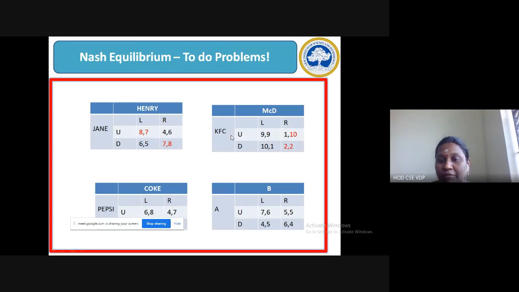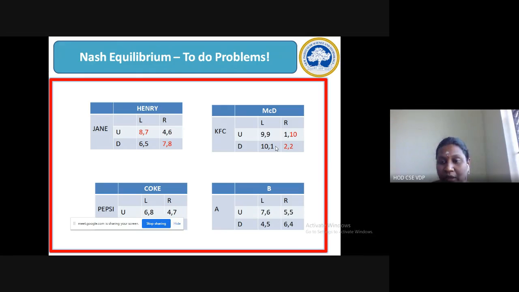If you have KFC having two strategies, this is one strategy, B is another strategy. Similarly, left and right here, McD is playing a different strategy. Depending on strategies, these values, whatever you get here, are called your payoff matrix.